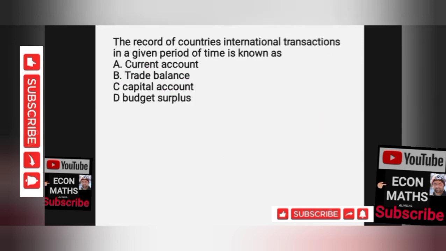Next question is, the record of countries' international transactions in a given period of time is known as current account, trade account, capital account, budget surplus. Actually, I'm not getting the question. The record of countries' international transactions in a given period of time, as I have read, is called the balance of payment.